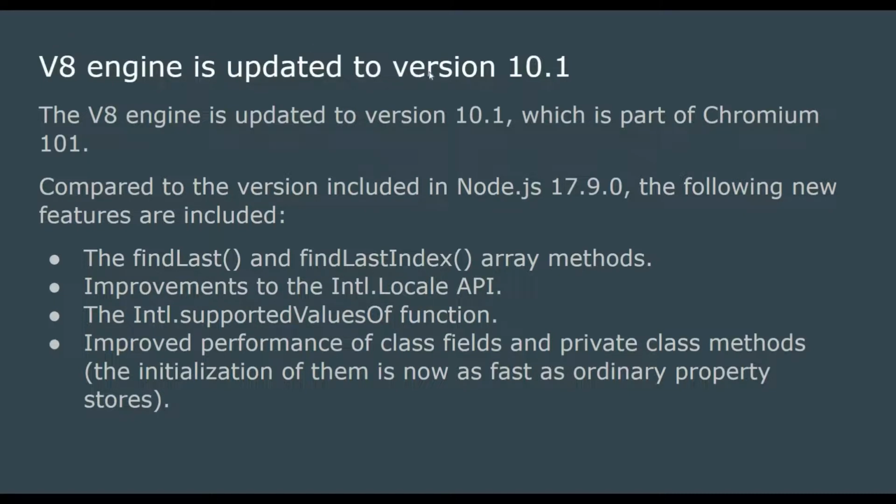The V8 engine is updated to version 10.1, compared to before, when it was 9.8. The V8 10.1 version supports some new features and is a part of Chromium 101.